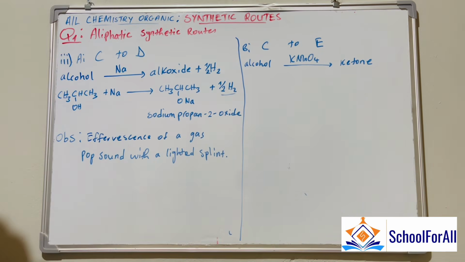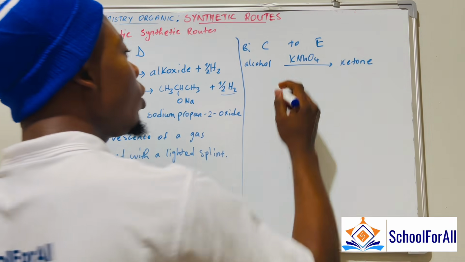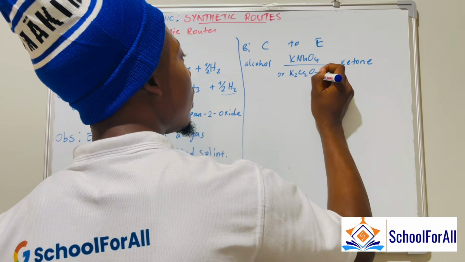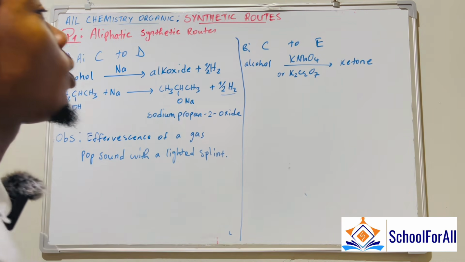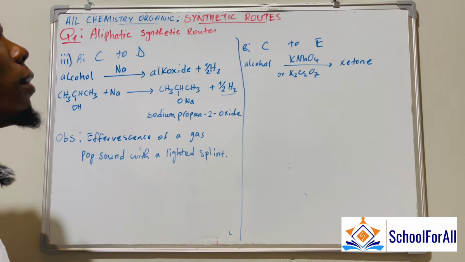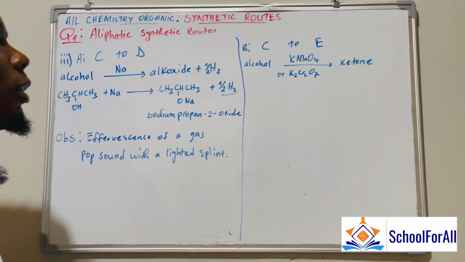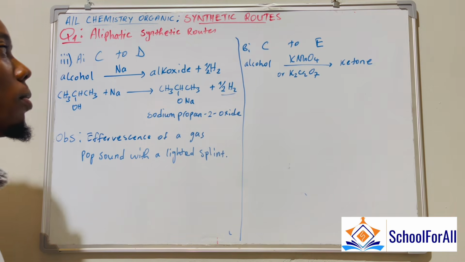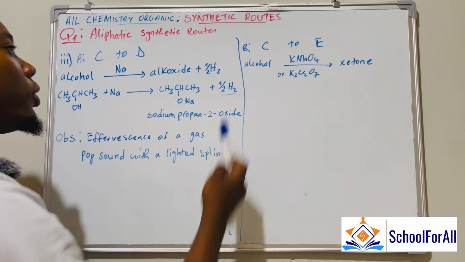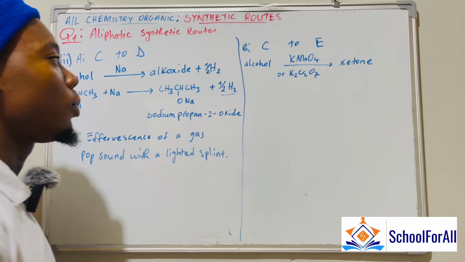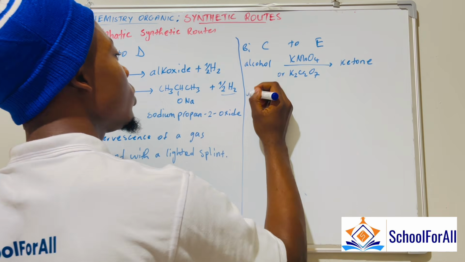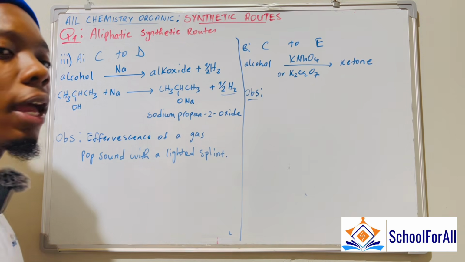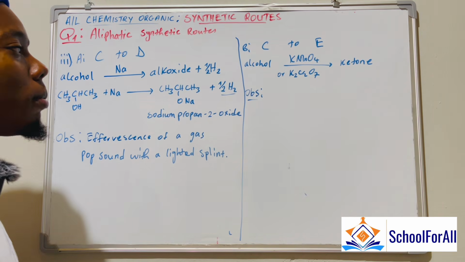Whenever you see this or you see potassium dichromate, both are strong oxidizing agents involved in oxidation. We saw the changes already: I move from my secondary alcohol to my ketone. But what is the observation here? It comes at the level of the potassium permanganate.